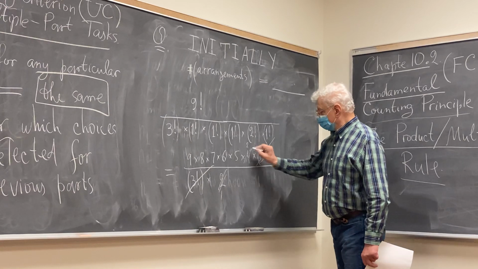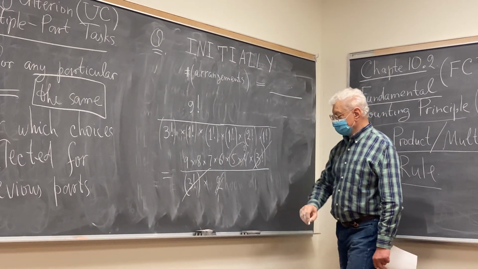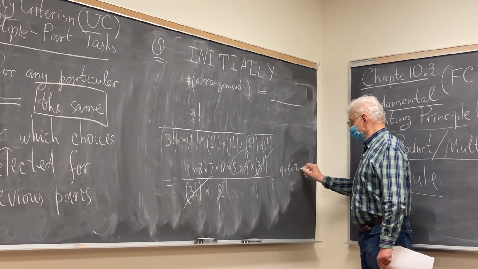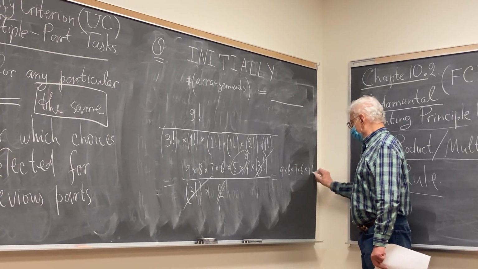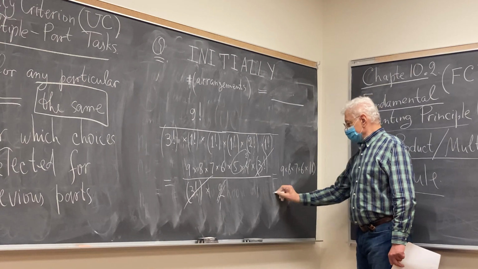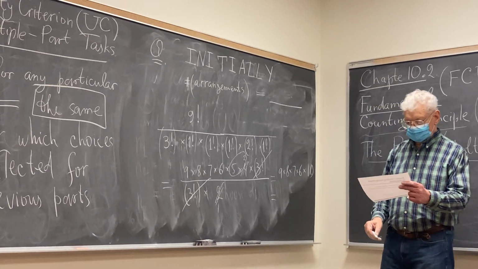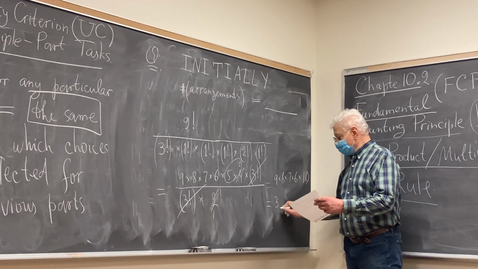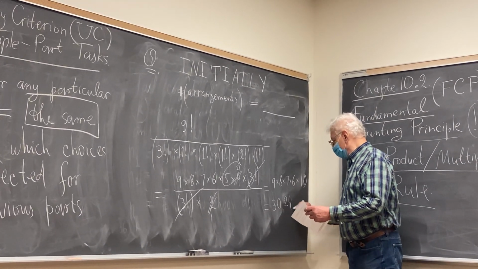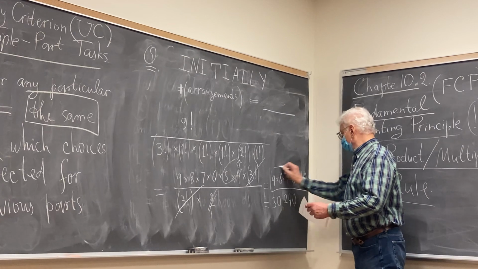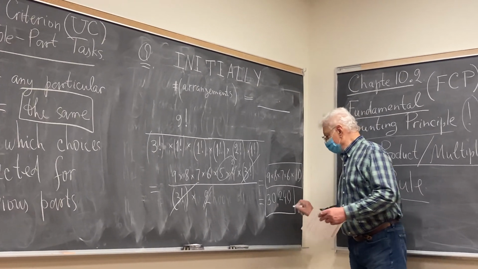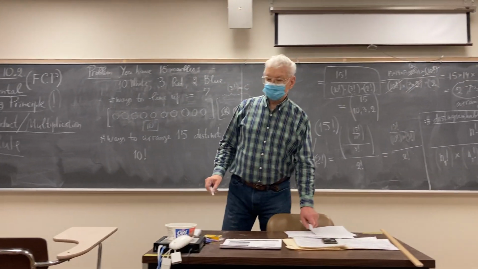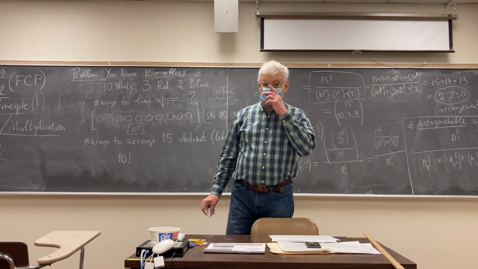You have 1 here and 2 here. 2 and 5 gives you 10. So the product will be 9 times 8 times 7 times 6 times 10. Okay, so we can calculate. And the answer is written here, 30,240. So that's the final answer. And this is how we found distinguishable words.